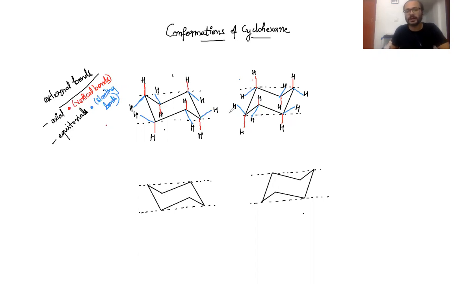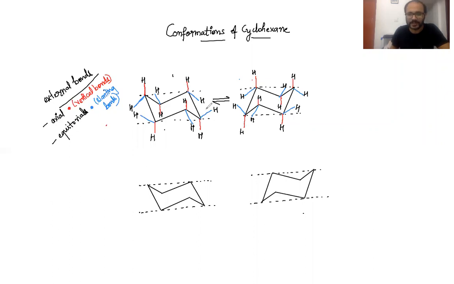Now, in the previous class, I told you that we have these two forms of cyclohexane existing in the solution. If you ask me the abundance of each of these conformations, they would be equally abundant because there is no difference between these two. They are highly symmetrical structures. And therefore, in solution, there would be an equilibrium between these two conformations of cyclohexane.